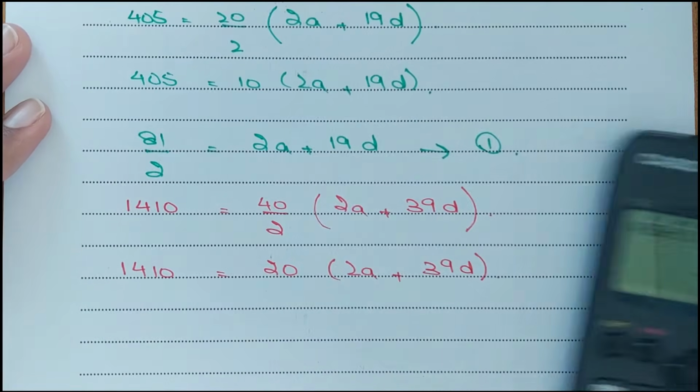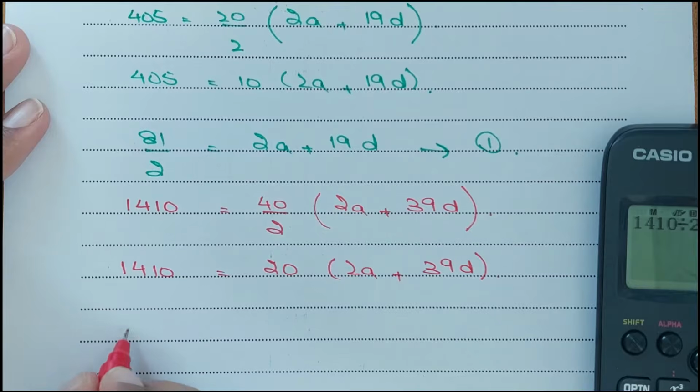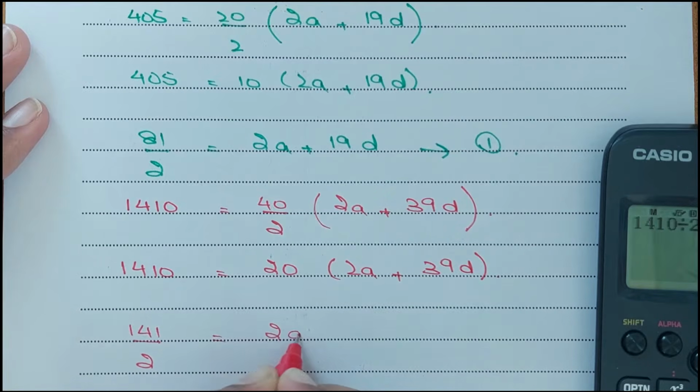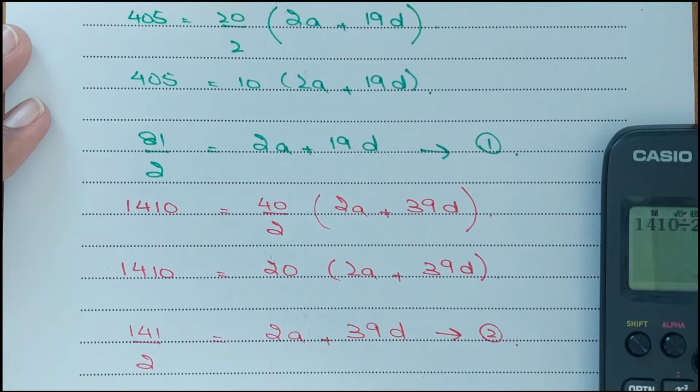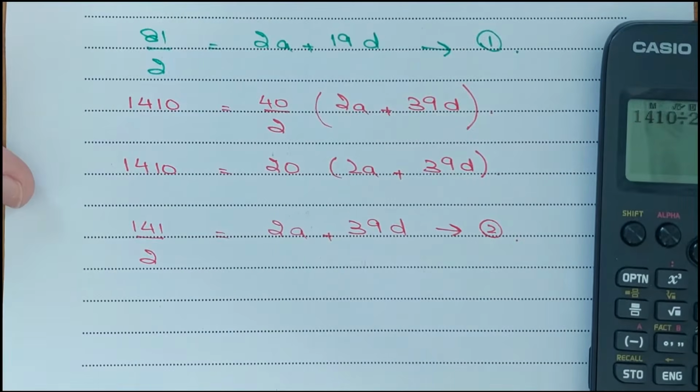And we have 1410 divided by 20, which is 141/2. So 141/2 equals 2a plus 39d. This is my second equation. Now solving the system of two equations, we can get the values of a and d, and we can easily find the 60th term of the progression.